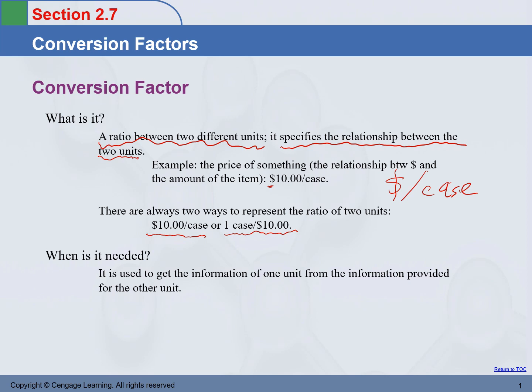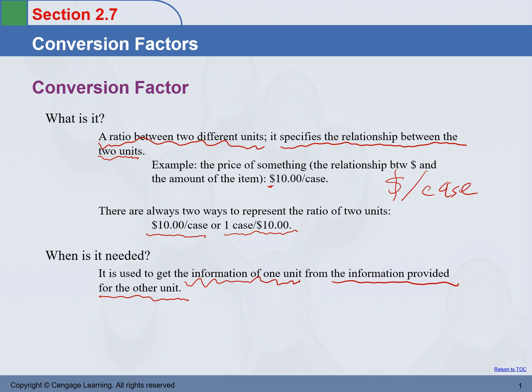Okay, there are always 2 ways to write a conversion factor. Remember that. When do we need a conversion factor? Whenever information of 1 unit is provided and the information of a different unit is wanted. When you want to get information of 1 unit from information provided for a different unit, this is the time you want to use the conversion factor.